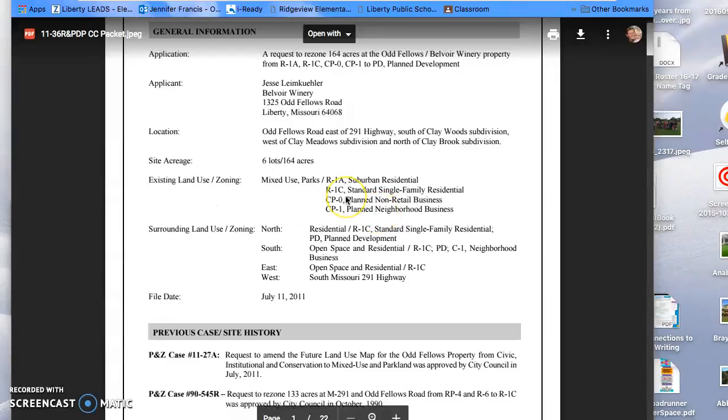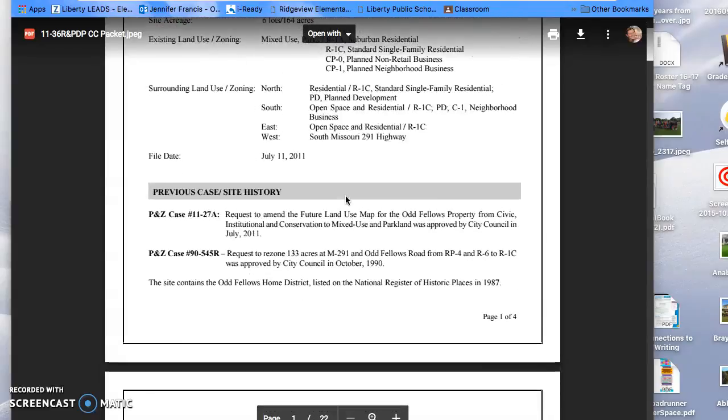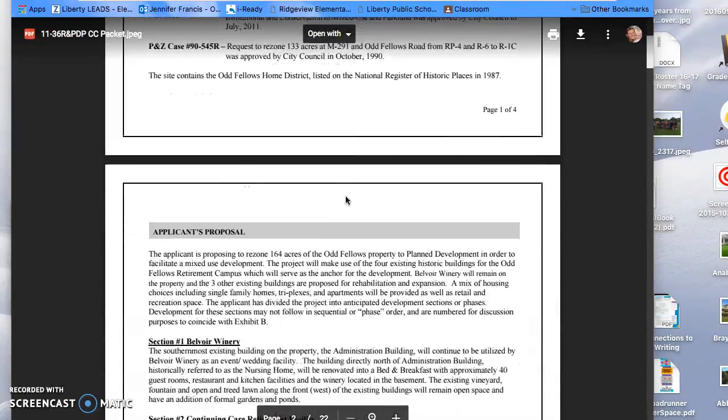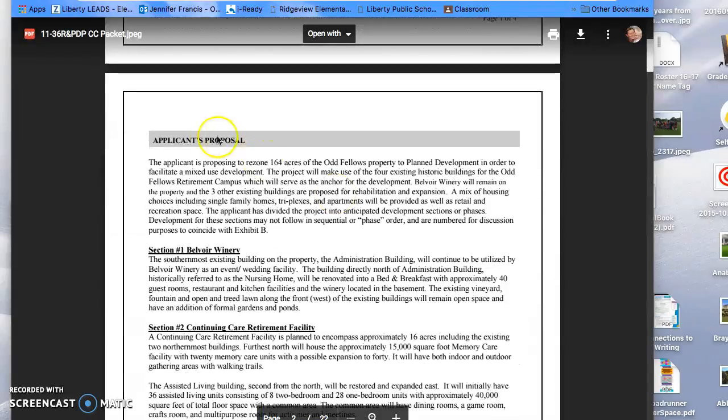So they have actually broken that piece of land in this proposal into specific sections or areas. And you'll see here that the proposal, and it even says applicant's proposal, is the applicant is proposing to rezone 164 acres, which we will be going out to see, of the Oddfellows property.